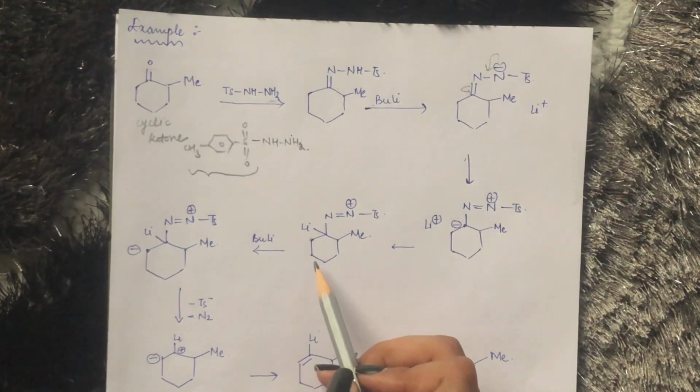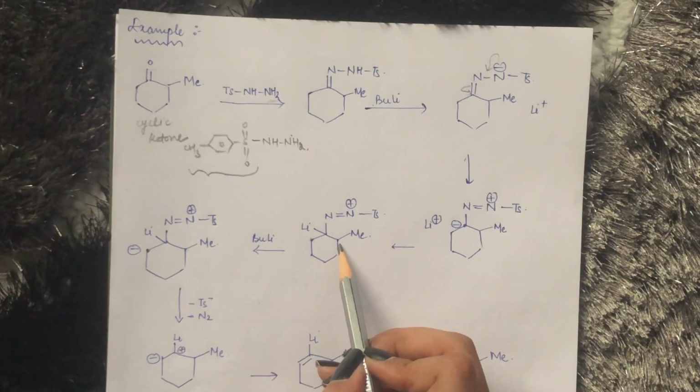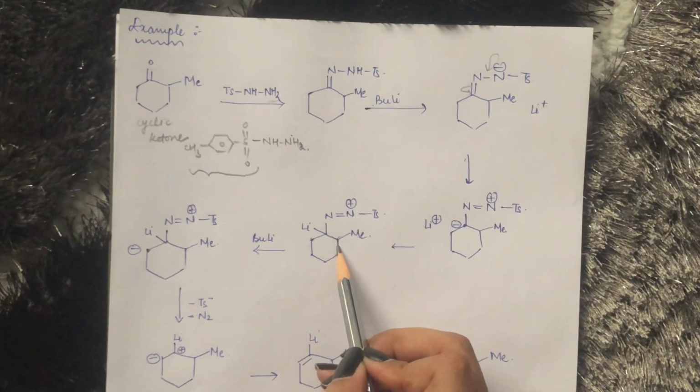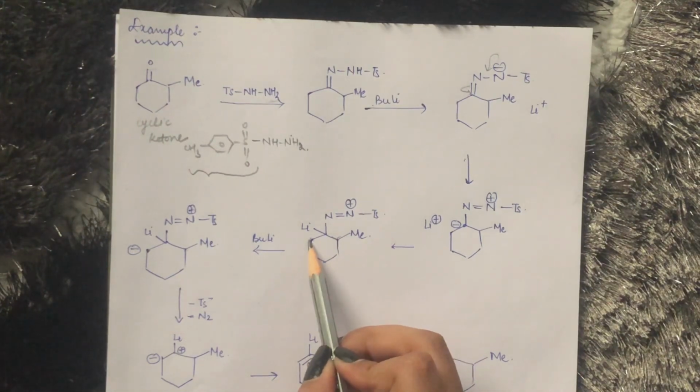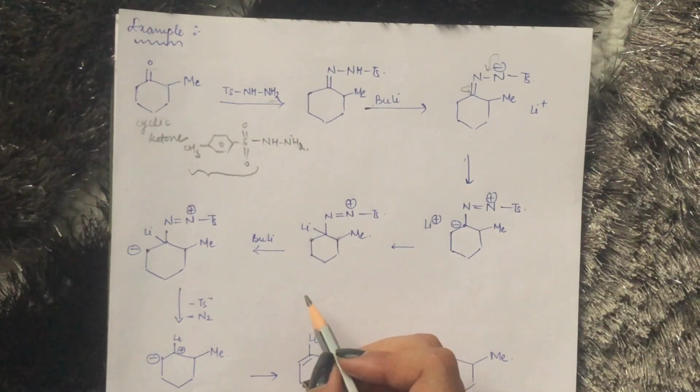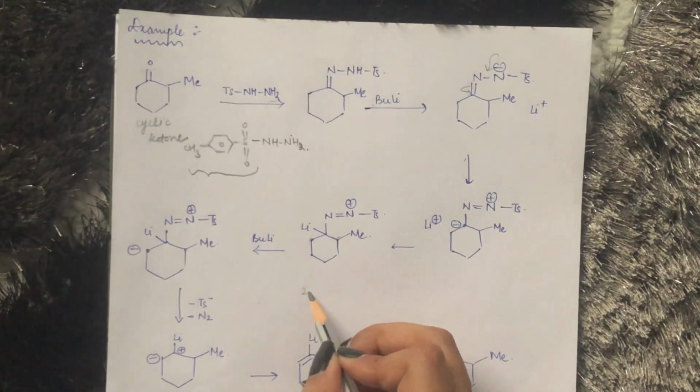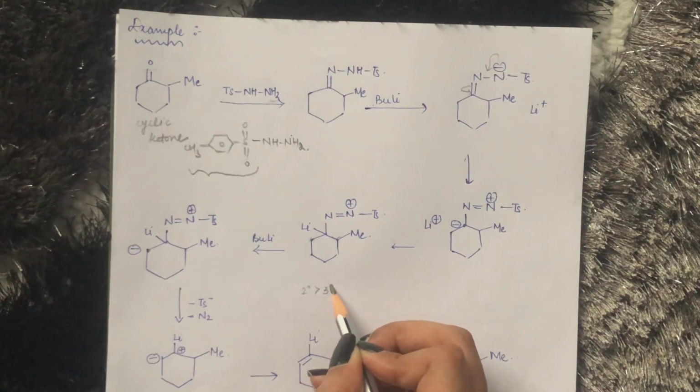If a hydrogen is abstracted from this side, a tertiary carbanion is formed, and if a hydrogen is abstracted from this side, a secondary carbanion is formed. We know that secondary carbanions are more stable than the tertiary ones.